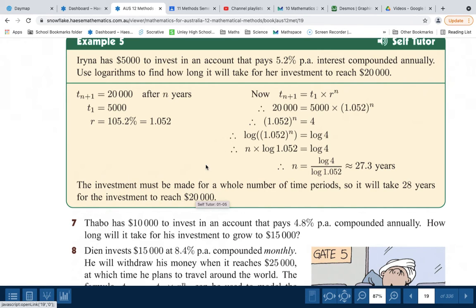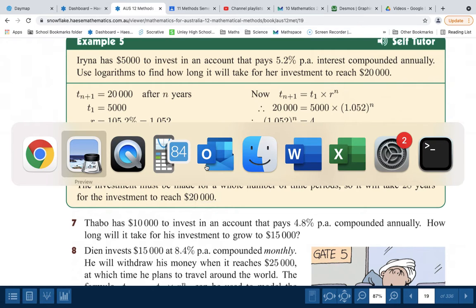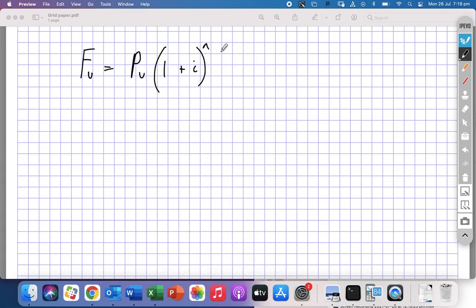So normally when this is taught, financial maths, normally we actually use this formula. Final value is the present value times your multiplier to the power of n, right? And this is what we've worked out.